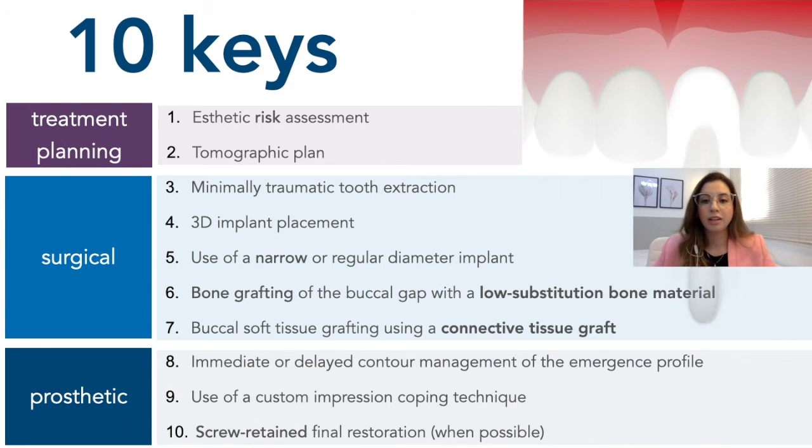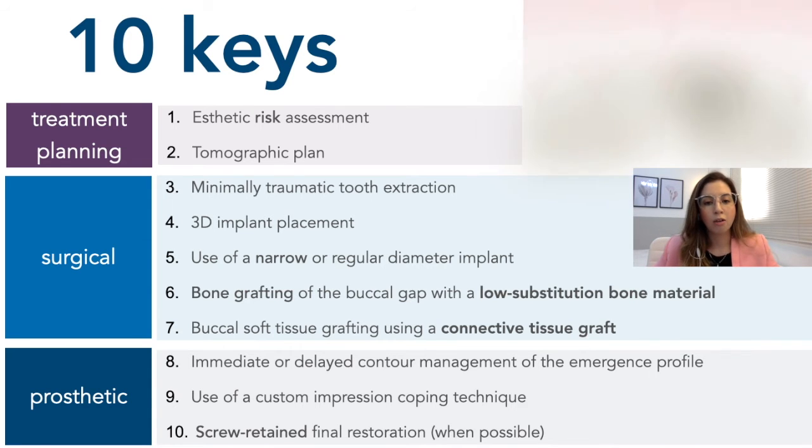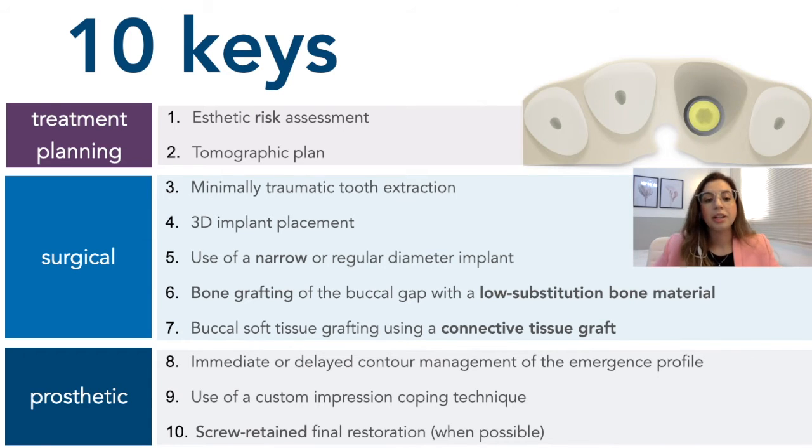The surgical keys include a minimally traumatic tooth extraction, followed by implant placement in an optimal 3D position, allowing space to place your biomaterial there, your low substitution bone graft, between the implant and the buccal bone, and finally placing a connective tissue graft in the buccal aspect.